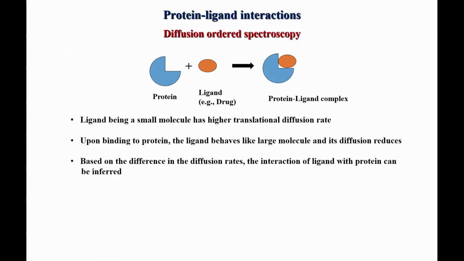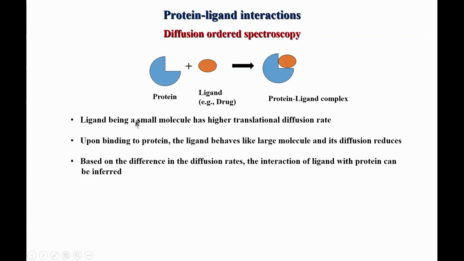This is the main point: we are trying to take the difference between the ligand in the free form versus the ligand in the bound form. Based on the difference in the diffusion rates, the interaction of the ligand with the protein can be inferred.